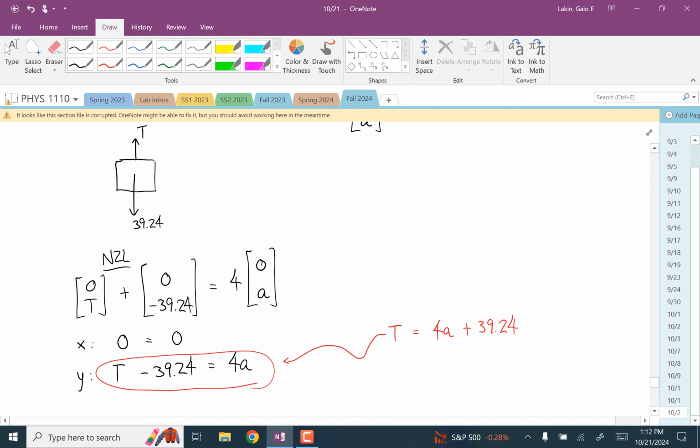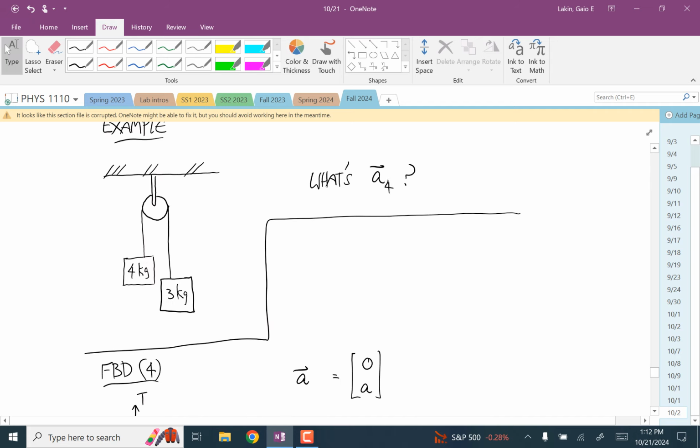So even though we didn't ever have to make the assumption that the 4 was accelerating down, it all worked out in the math and told us what happens. Okay.